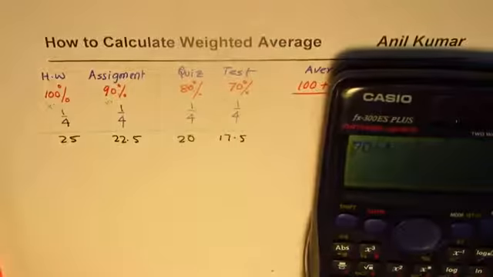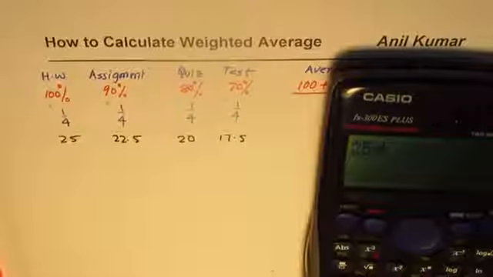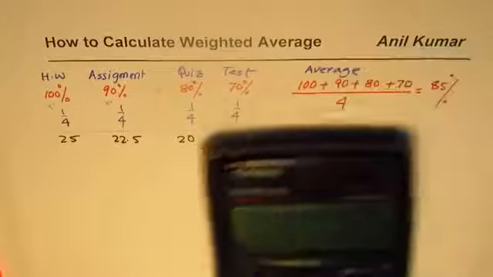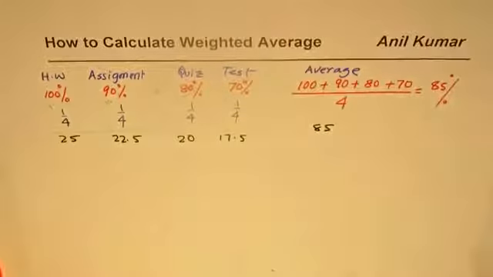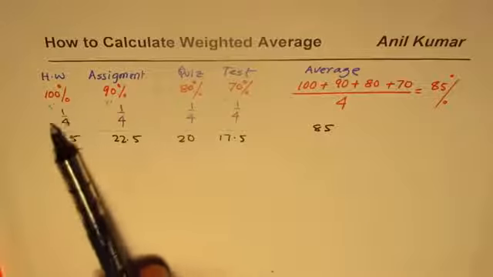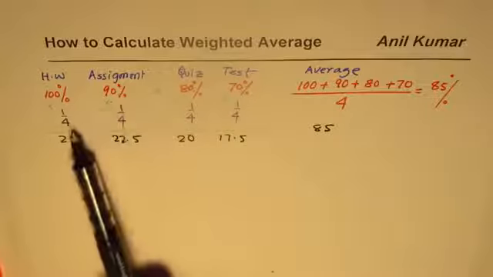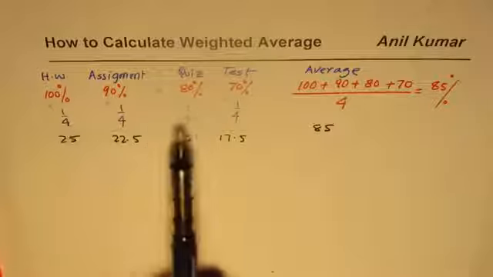If I add them, what do I get? 25 plus 22.5 plus 20 plus 17.5 is equal to, again, the same number, 85, right? We again got the same number. So when we say that they are at par, then we say they have the same weight.